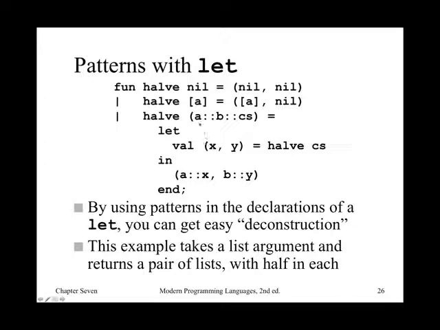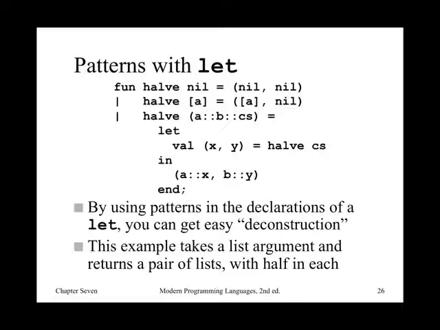Now I can take A and append it to X, and I can take B and append it to Y. So I've taken two of them off, split the rest, and then stuck those two back on the two halves. And then that returns a list, right? Each of these is a list, sort of a half of the list.